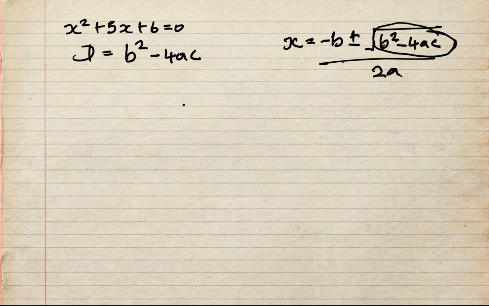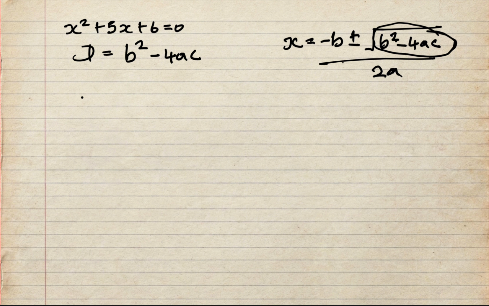So what does this part have to do with knowing whether an equation can be factorized or not? Well, if the answer to this turns out to be a perfect square, then yes, it can be factorized. But if it turns out not to be a perfect square, then it cannot be factorized.